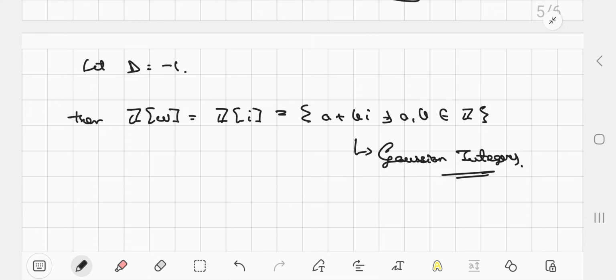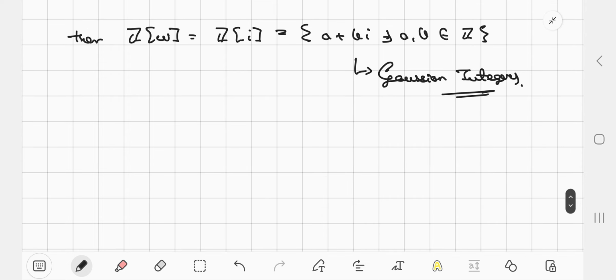Clear? Now what we do is define a function on these rings of integers, which we call the field norm. This field norm will resemble, if you have done a course on vector spaces or inner product spaces, the notion of a norm.